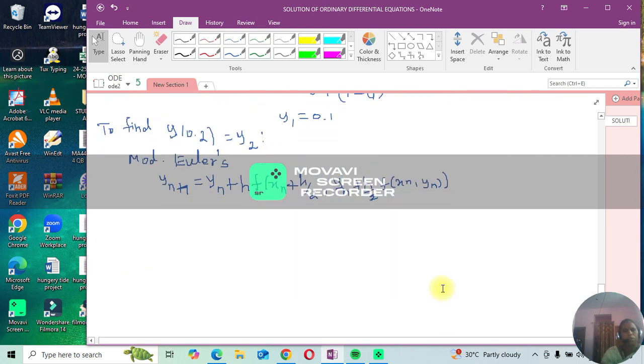Okay, now what do we want to find out? We want to find out y2. To find y2, what do we have to substitute for n? For n equal to 1. Substituting n equal to 1, we directly get y2.